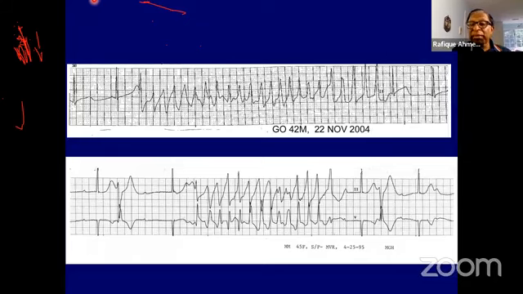You give magnesium, even if the potassium is normal, because magnesium stabilizes the membrane. There is no role of antiarrhythmic drugs in this situation. To keep the heart rate up, you can give isoprenaline IV, or you can put in a temporary pacemaker, until the offending medication has washed off. And most of the time it will.